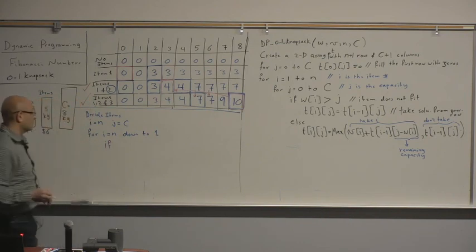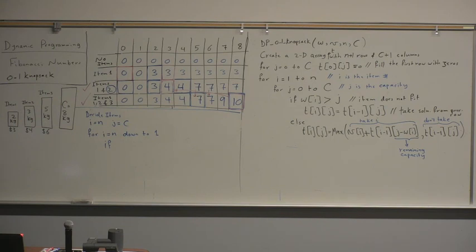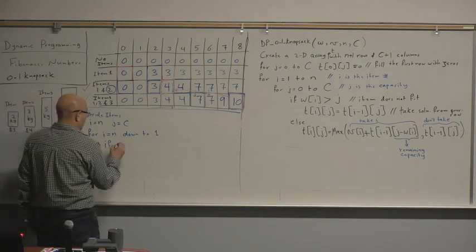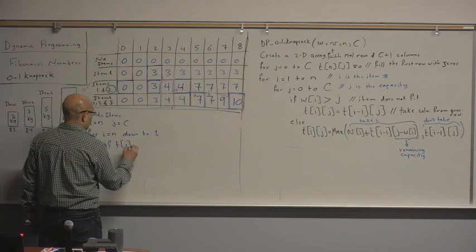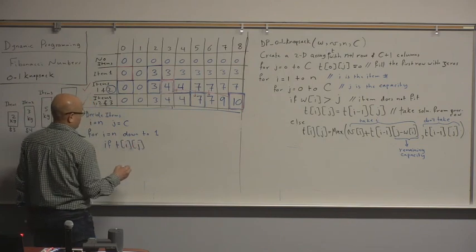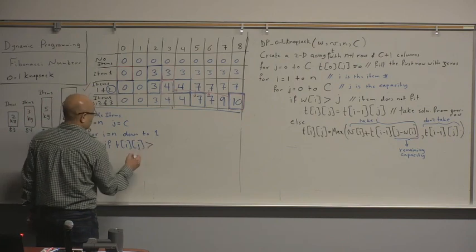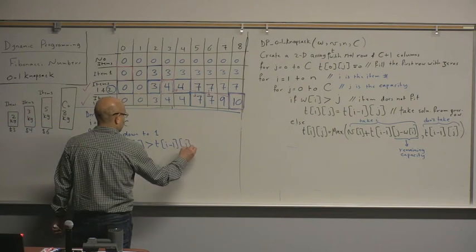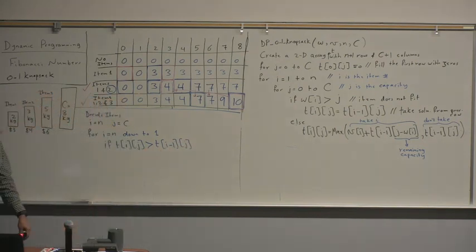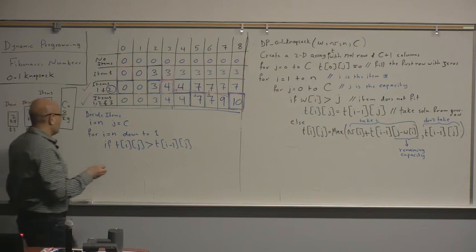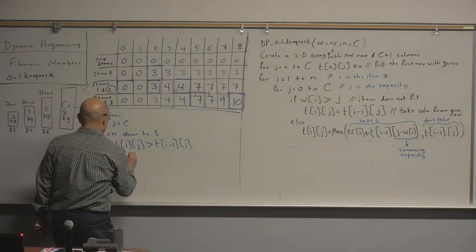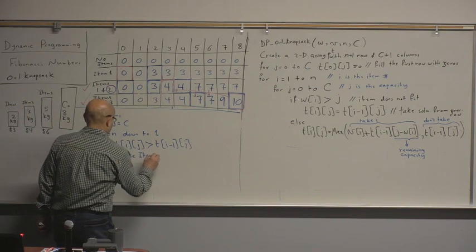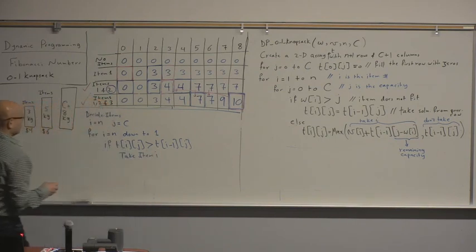If what? How did we decide if an item is taken or not? Comparing: if T of I and j is greater than T of I minus 1, j, the previous row, same j, is greater than the value in the previous row, then take item I. And when I take item I, I have to go to this square.